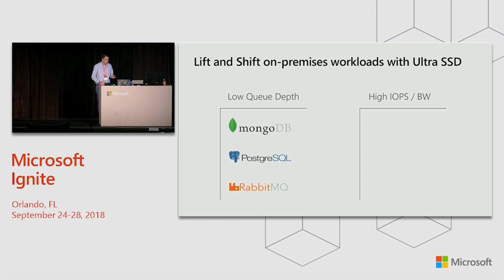On the other side of the fence, we have the big tier 1 workloads. These guys are like SAP HANA, SQL, Oracle, Teradata. These types of platforms can push hundreds of thousands of IOPS with very high throughput because they're very asynchronously designed and can drive a lot of queue depth to the disks underlying it. So we had to do something to really satisfy both of these categories.